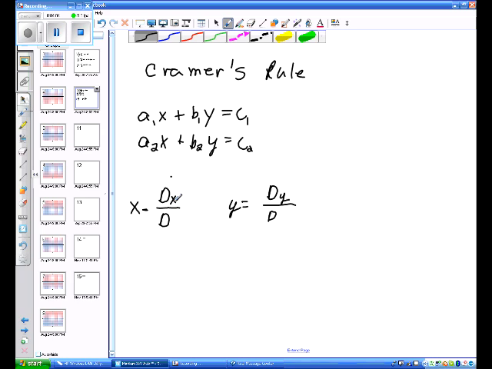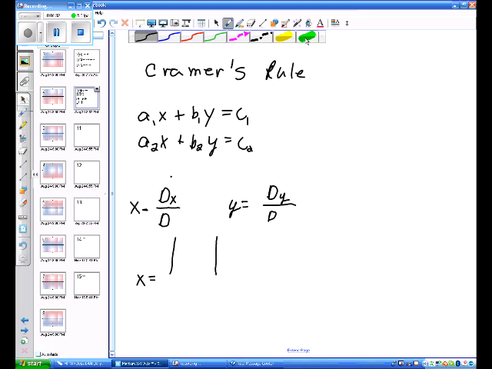Now, when we do the determinant for the variable x, we are only going to write down our coefficients and our constants. But if we're solving for the x, then we do not write down our a coefficients. In place of them we write down our constants.